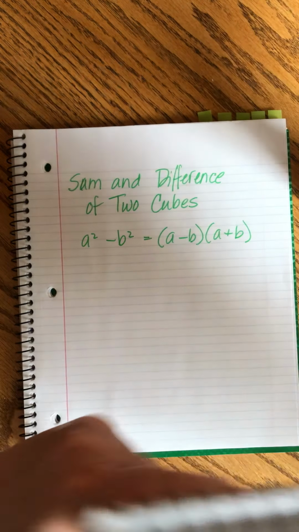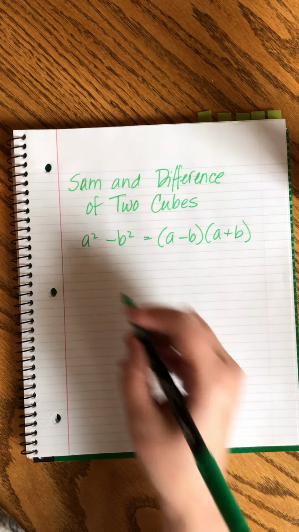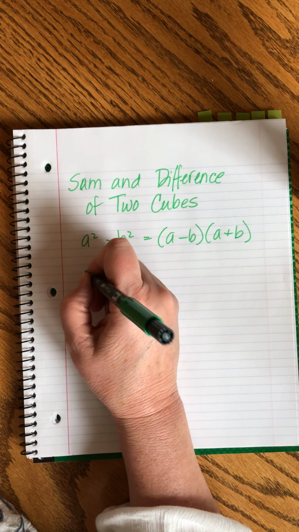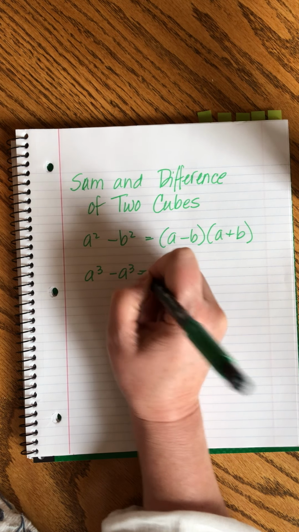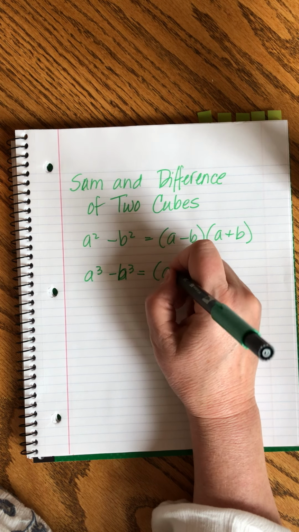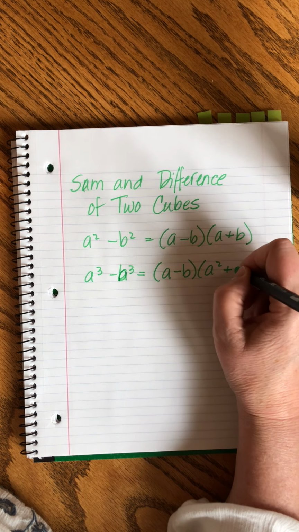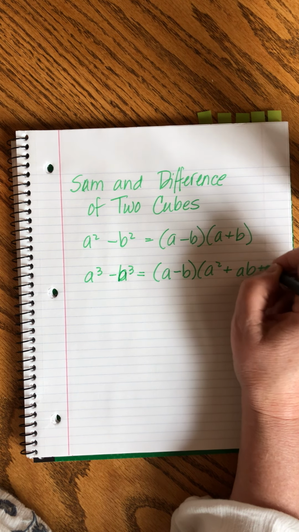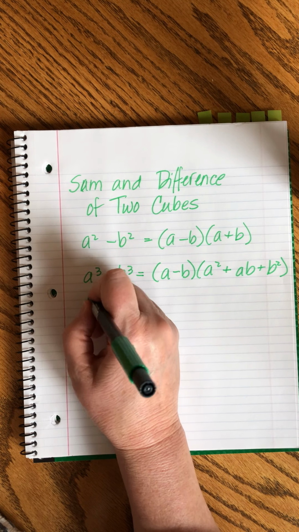But there's also a pattern for the sum and the difference of two cubes. So let me remind you of those. And these we just memorize. Oops, that's a B. Copy, and then I'll give you a few tips on how to memorize.